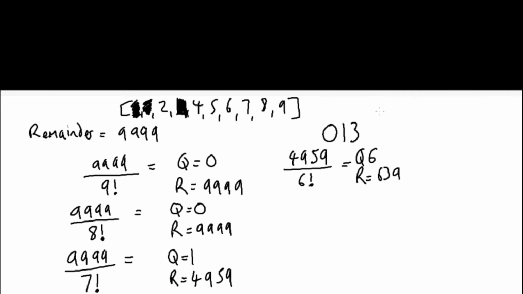There we go. So we now find the 6th item in our array. 0, 1, 2, 3, 4, 5, 6. It's the 9. That goes into the permutation and it's deleted. And we keep going. 639 divided by 5 factorial is 5 and 39, I think.